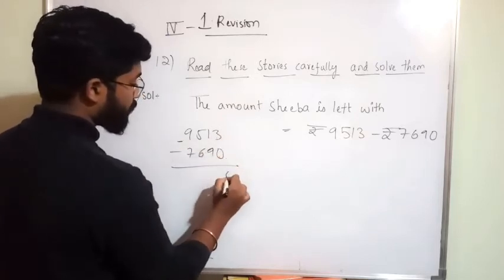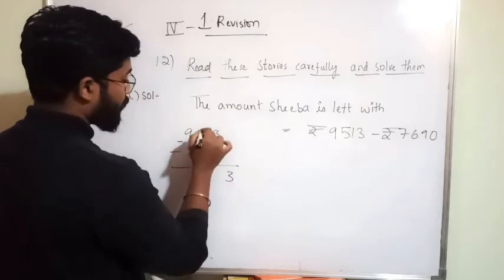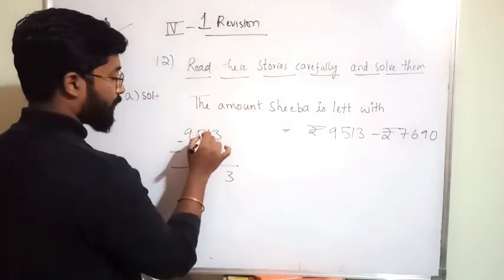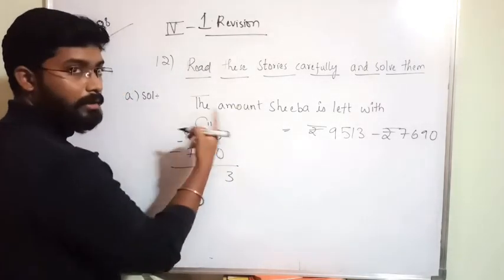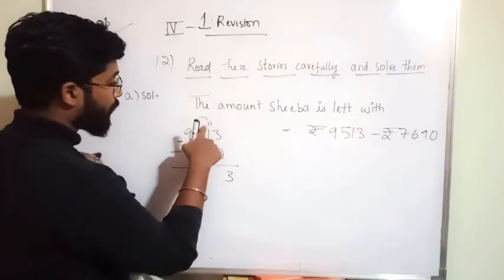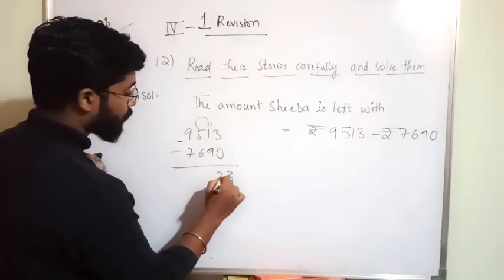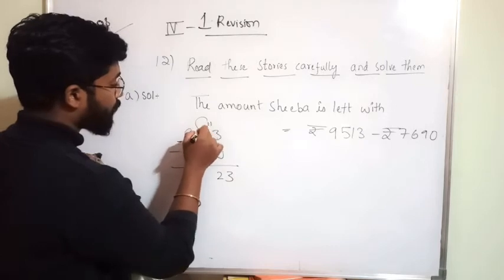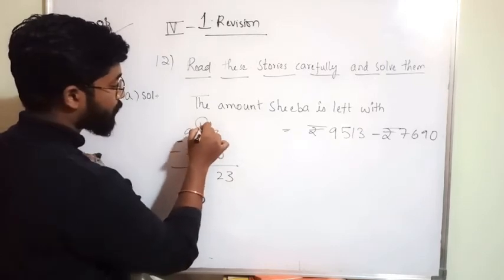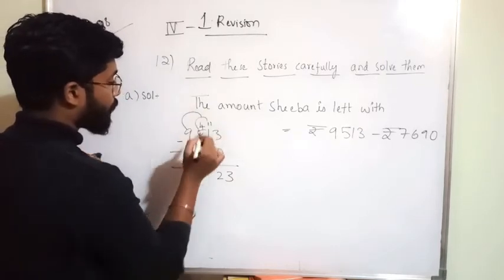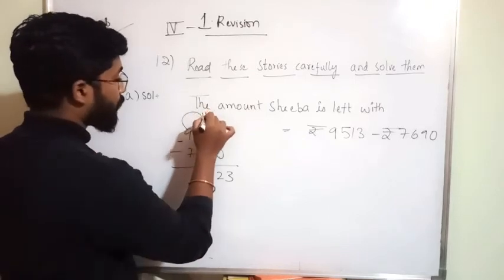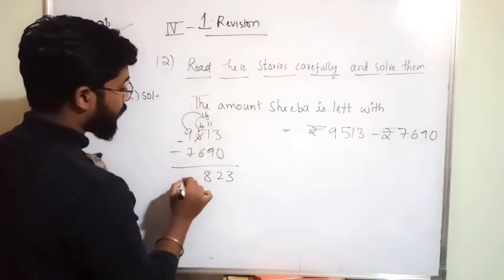3 minus 0 is 3. 1 minus 9, you can't subtract 9 from 1, so you have to do the borrowing. 11 minus 9 is 2. Here from 5 you have taken, so it will become 4. Again borrow. 14 minus 6 is 8.